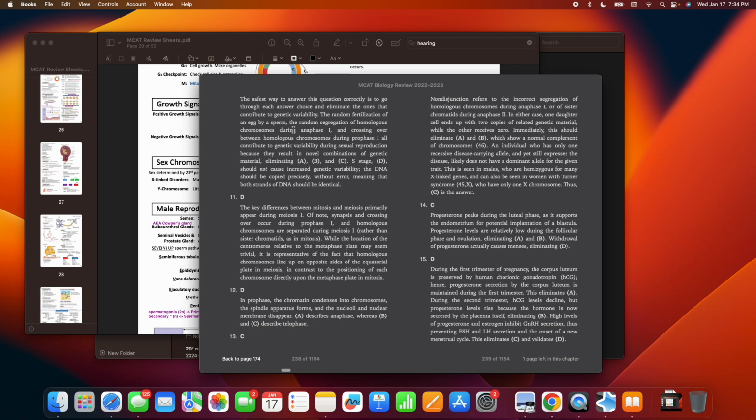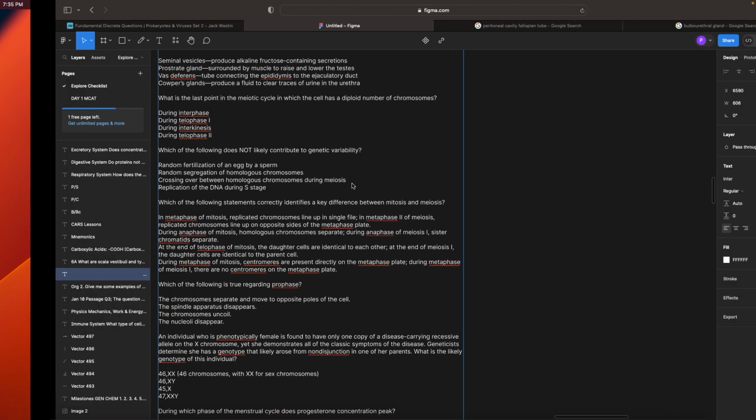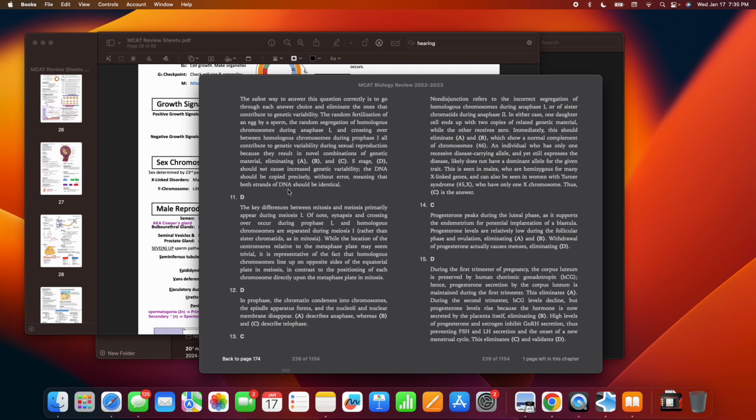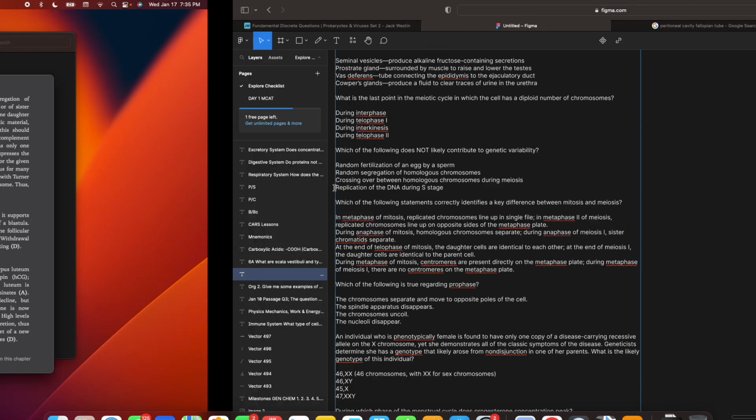The random fertilization of an egg by a sperm, the random segregation of homologous chromosomes during anaphase, and crossing over between homologous chromosomes during prophase 1 all contribute to genetic variability during sexual reproduction because they result in novel combinations of genetic material. S stage, D, should not cause increased genetic variability. The DNA should be copied precisely without error, meaning that both strands of DNA should be identical, right? It's a replication, it's not genetic variability.